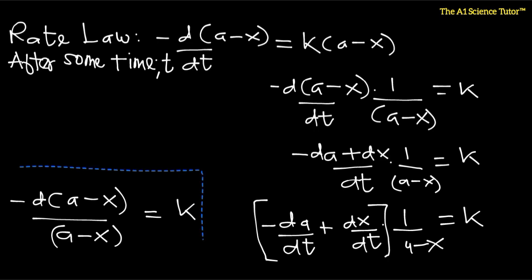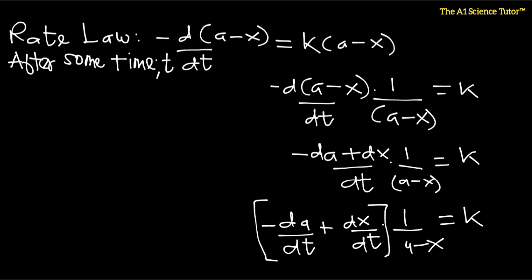Now, the next thing I need to do here is to wipe out this stuff, because I know that A is the initial concentration. A is actually going to be a constant, because that is the concentration for the reactant in a situation where t was equal to 0. So as far as time is not changing, the quantity that is attached to that stuff will be a constant.